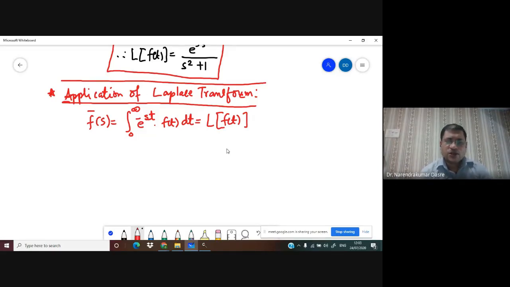Now you can solve real integrals using this definition, or by comparing this definition and using the different properties of Laplace transform.